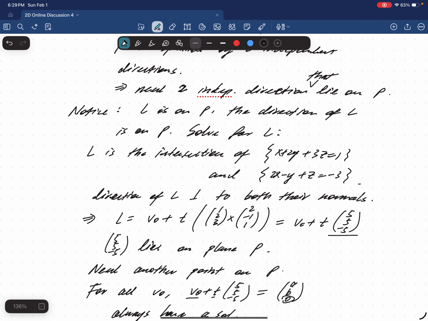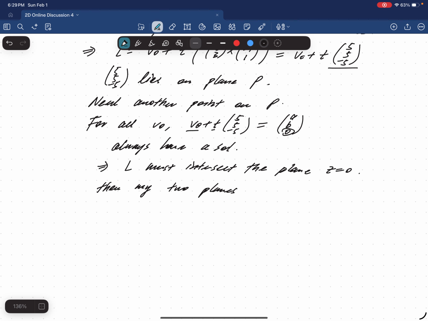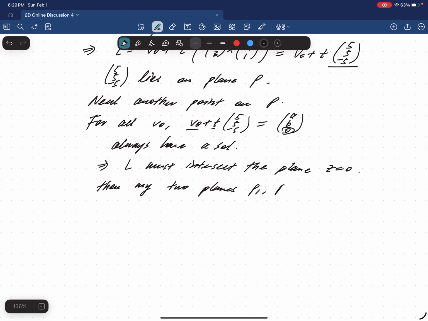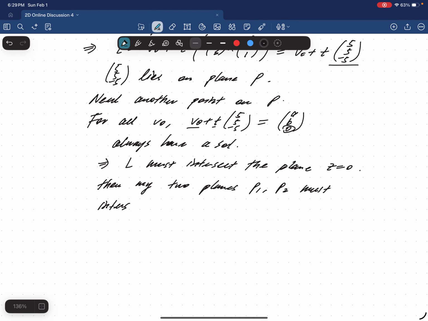Here are my two planes, let's call them P1 and P2. They must intersect z = 0 because my line L lies on both these planes.